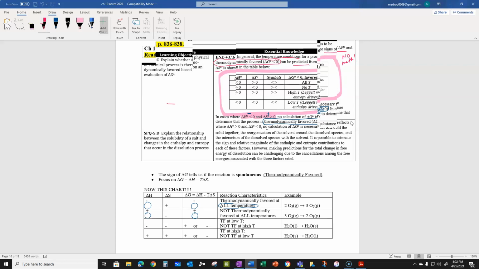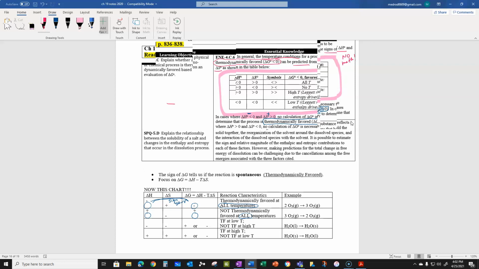Not thermodynamically favored at all temperatures. Okay, so one is thermodynamically favored and the other one is not. When these two are the same signs, okay, they will either be thermodynamically favored or not. Okay, so this is predicting without doing any math.